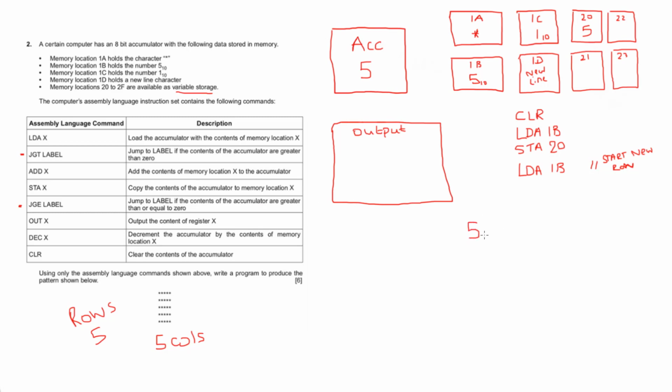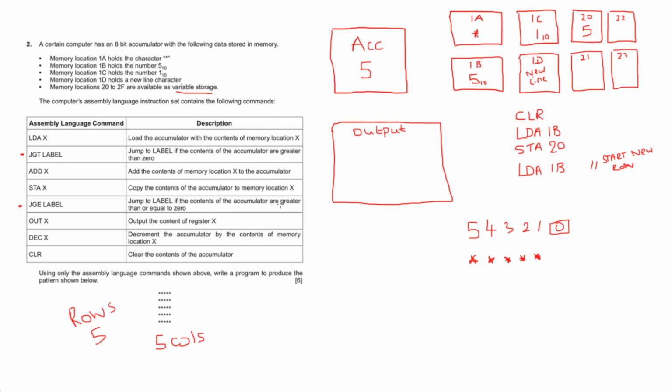Now, when I go 5 and I produce a star, and I go 4, produce another star, I go to 3, produce another star, I go to 2, produce another star, I go to 1, produce another star, that's it. I don't want it anymore. If I go to 0, okay, I need a jump command to stop. Now this one says JGE, jump to label if the contents of the accumulator are greater than or equal to 0.